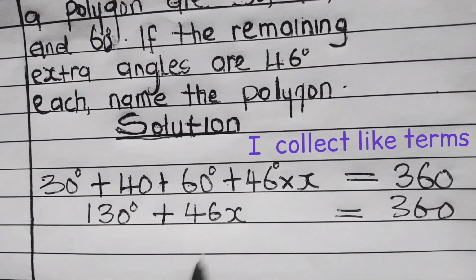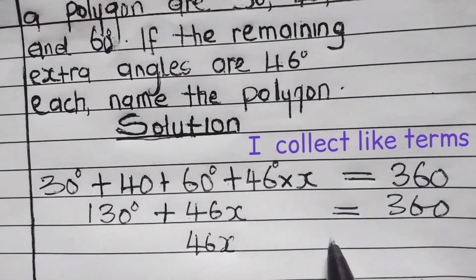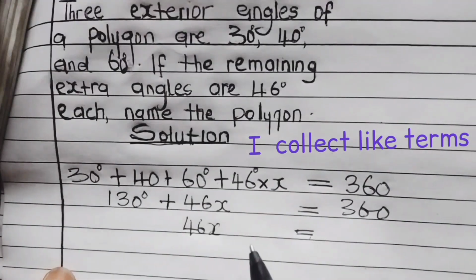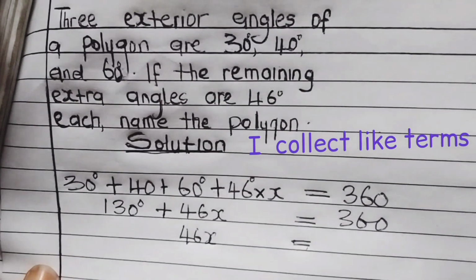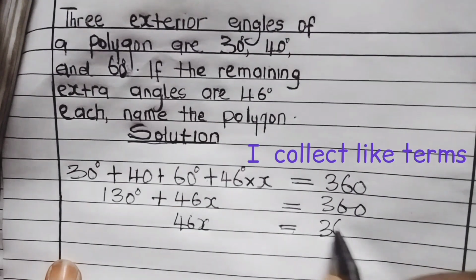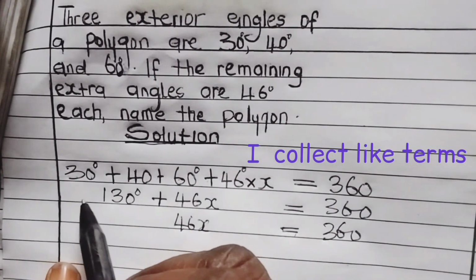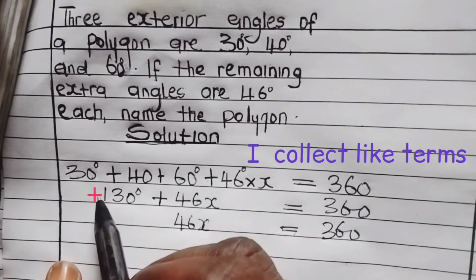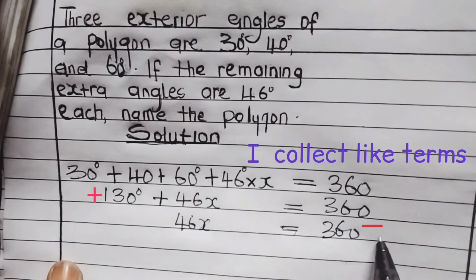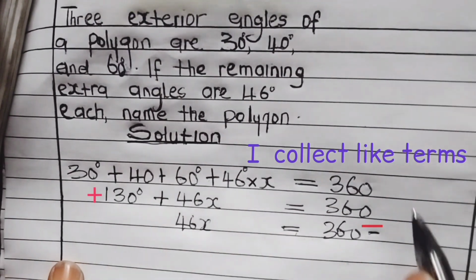So I say 46x is equal to 360. Now this 130 has an invisible plus, so when it crosses the equality sign, it becomes minus. So I'll have 360 minus 130.